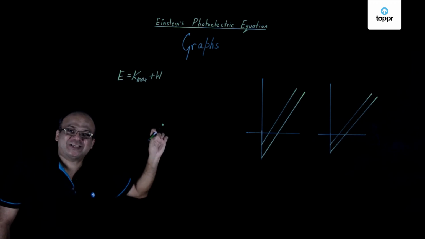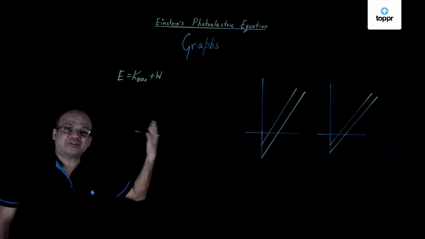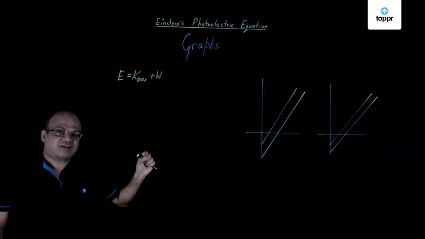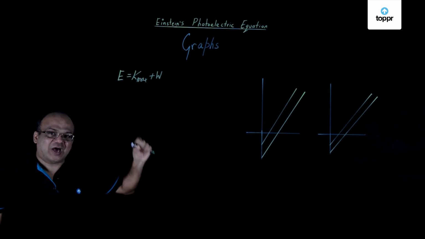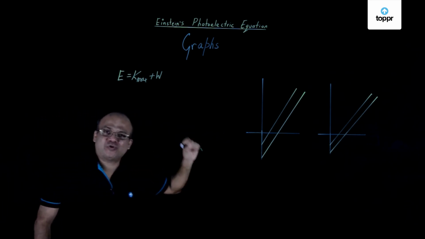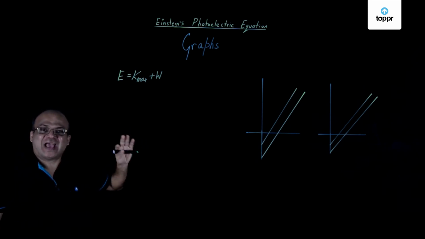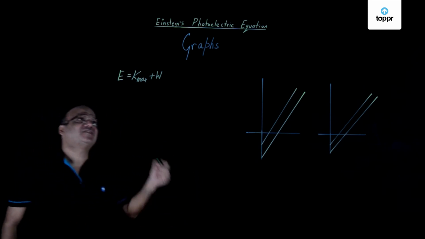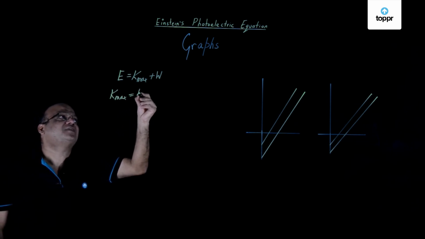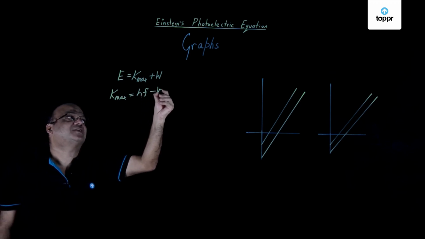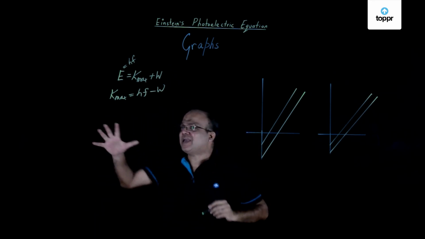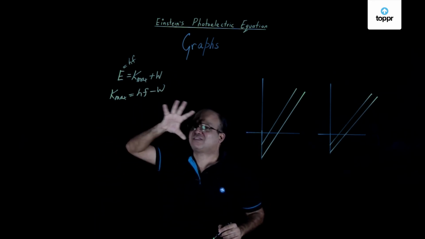When photons of energy E equal to hf more than the work function of that metal fall on a metal surface, the electron absorbs an entire photon. A part of that energy is used to overcome the work function and the remaining becomes Kmax. So from here we get Kmax is equal to hf minus work function because E equal to hf.